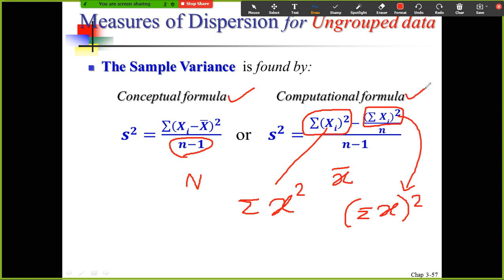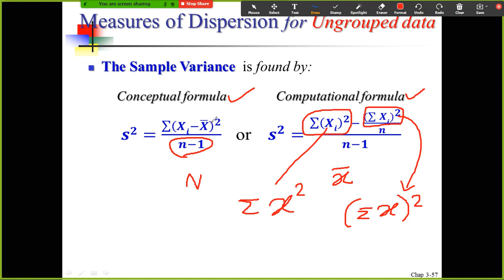You don't need to use both of them. Why? Because both of them, using the same dataset, will provide you the same result. That's why you can use one among the two.